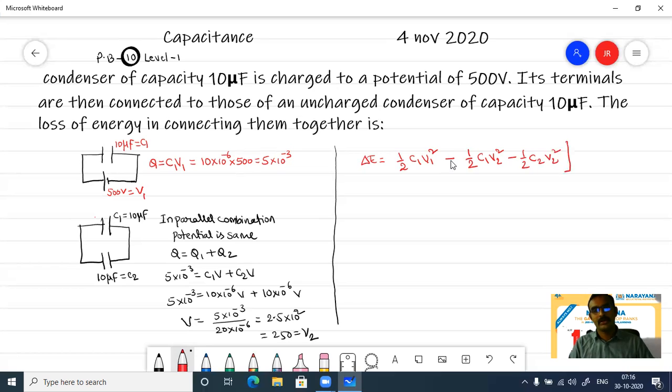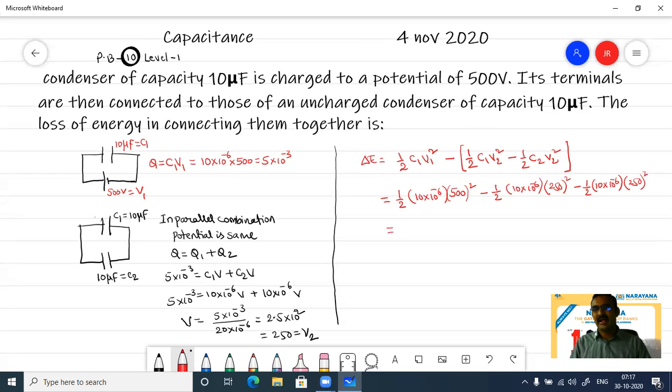So this entire part is our final energy. Substituting all the values: half into C1 value 10 into 10 to the power of minus 6 and V1 is 500 square, minus half into 10 into 10 to the power of minus 6 into 250 whole square, minus again half into C2 value, also 10 into 10 to the power of minus 6, and V2 value is 250 square.